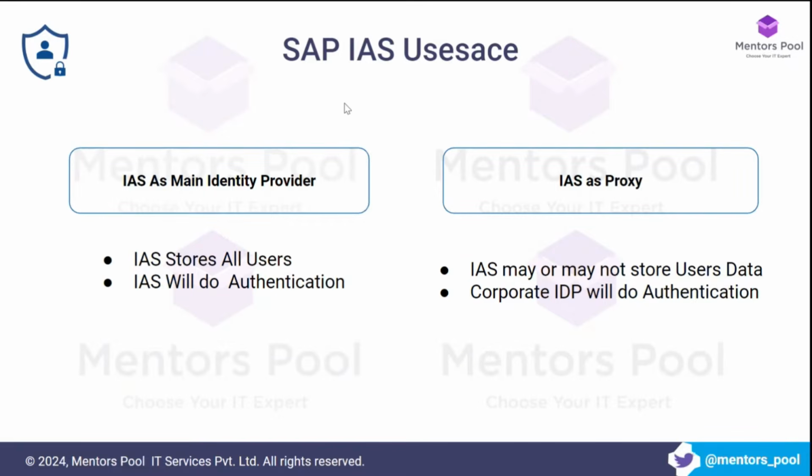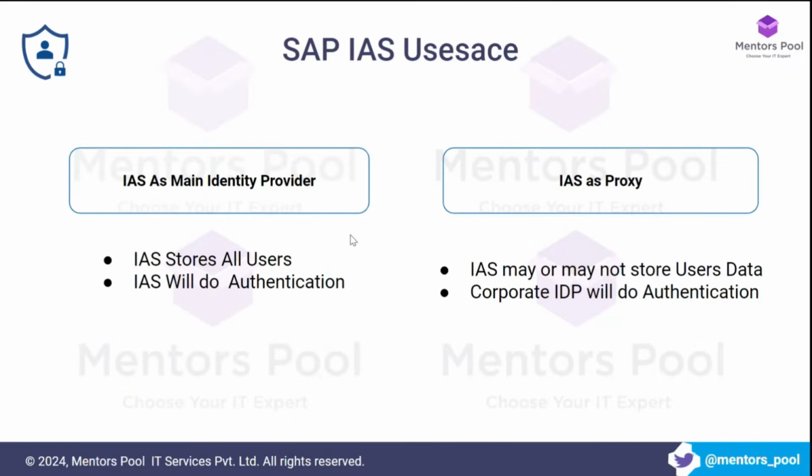Cloud identity services is a very new tool launched by SAP when BTP came, but the identity provider concept has existed for a very long time. There are a lot of companies, like Microsoft Azure, which offers AD or ADFS, and you have Google IAM and AWS IAM.